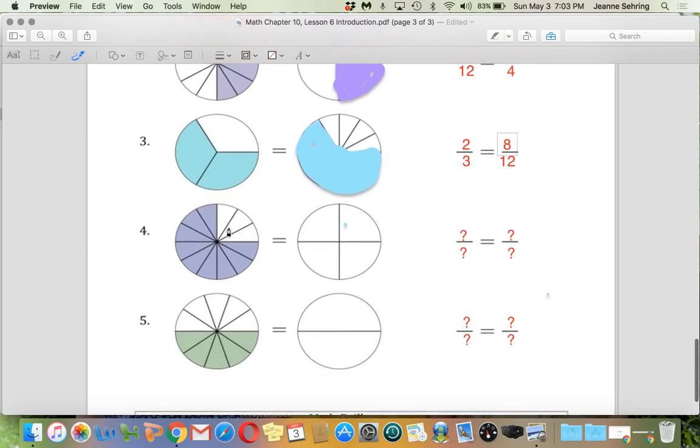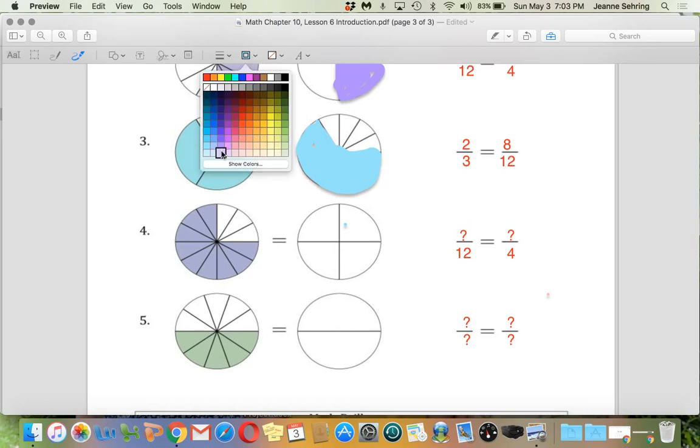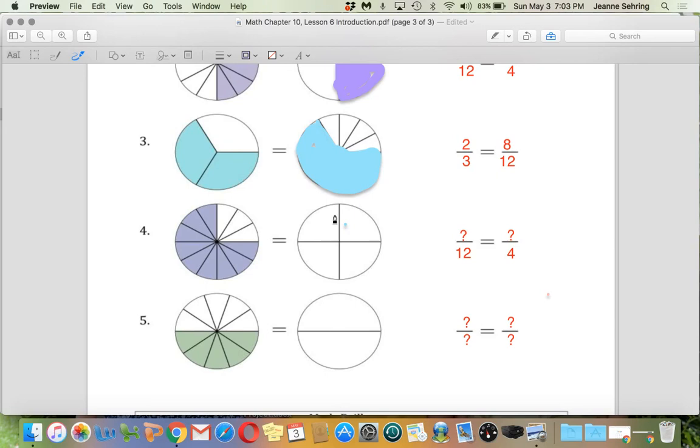Now let's check this one out. This one has 12 parts again. I'm going to write that down before I forget. This one's 12, this one's 4. And if I come over here and grab a purple color, I try to shade in the same amount as what's shaded in the first part of number 4. It kind of looks like it gets bigger as I go.